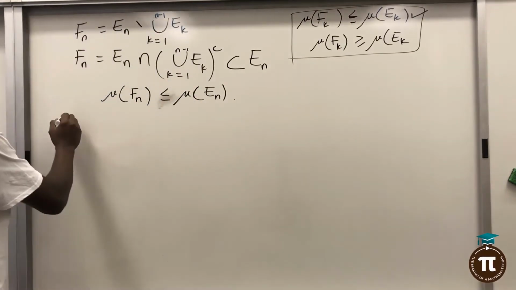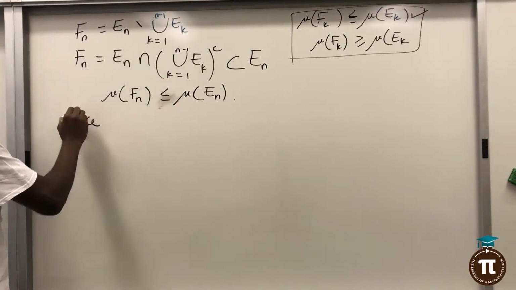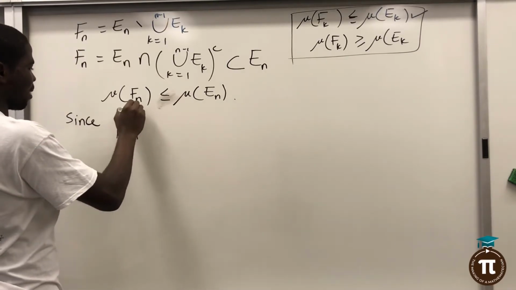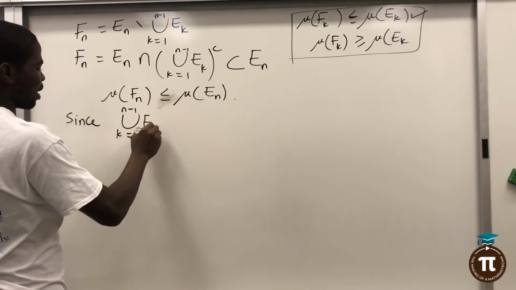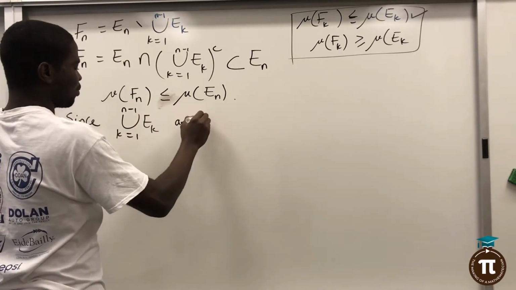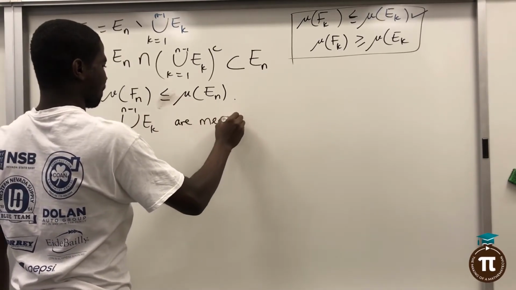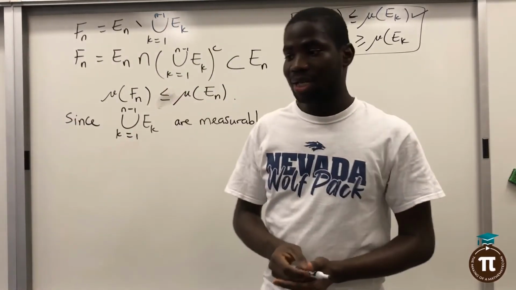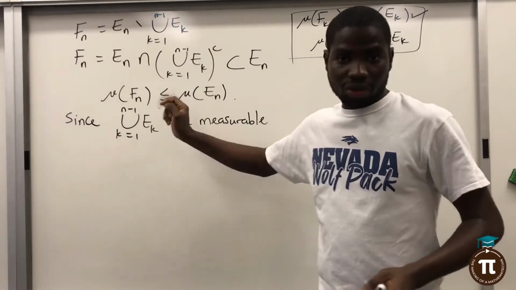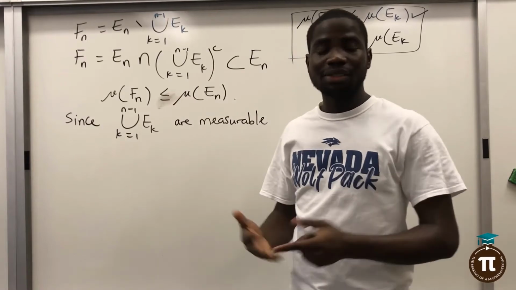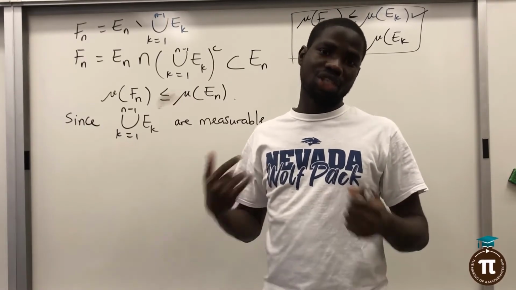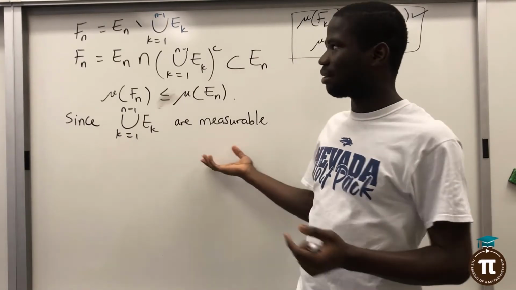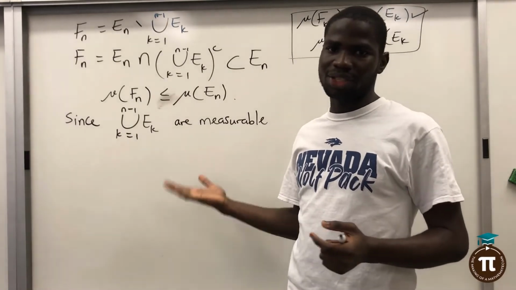So now, since the union of k starting from 1 to n minus 1 of Ek are measurable, of course, we've proved this before, that a countable union of measurable sets is measurable. I will leave the link for you in case this is your first video you're watching with me.